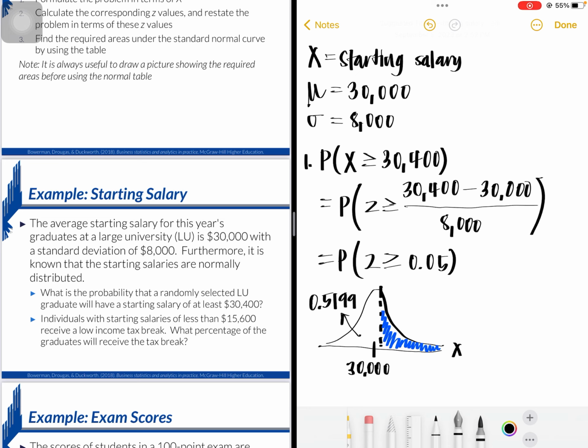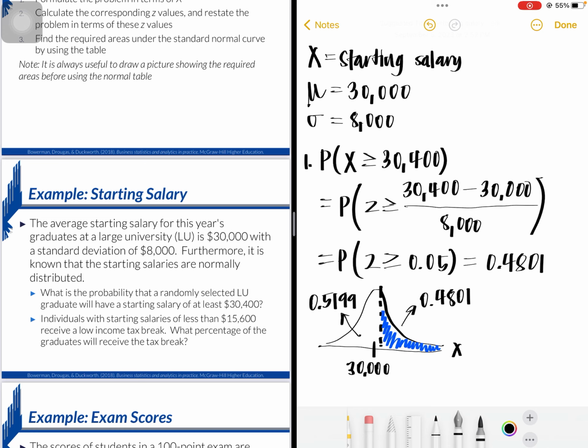And since the total area under the standard normal curve is just 1 or 100%, just subtract 0.5199 from 1 and we will get the corresponding probability that we need, which is 48.01%. So the probability that we are solving for is 48.01%. So that's one approach.